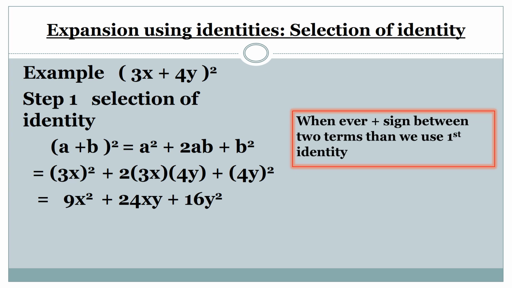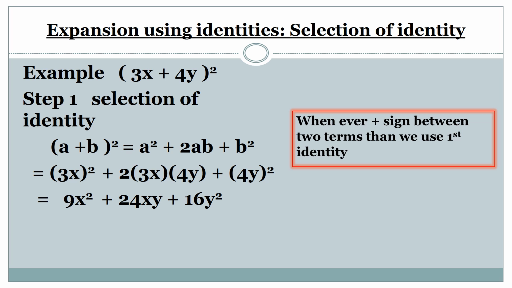Now students, we discuss identities one by one. In the first example, I take that there is a plus sign between two terms. When there is a plus sign between two terms and a whole square, you must select the first identity, that is (a plus b) whole square is equal to a square plus 2ab plus b square. You take the square of the first term.